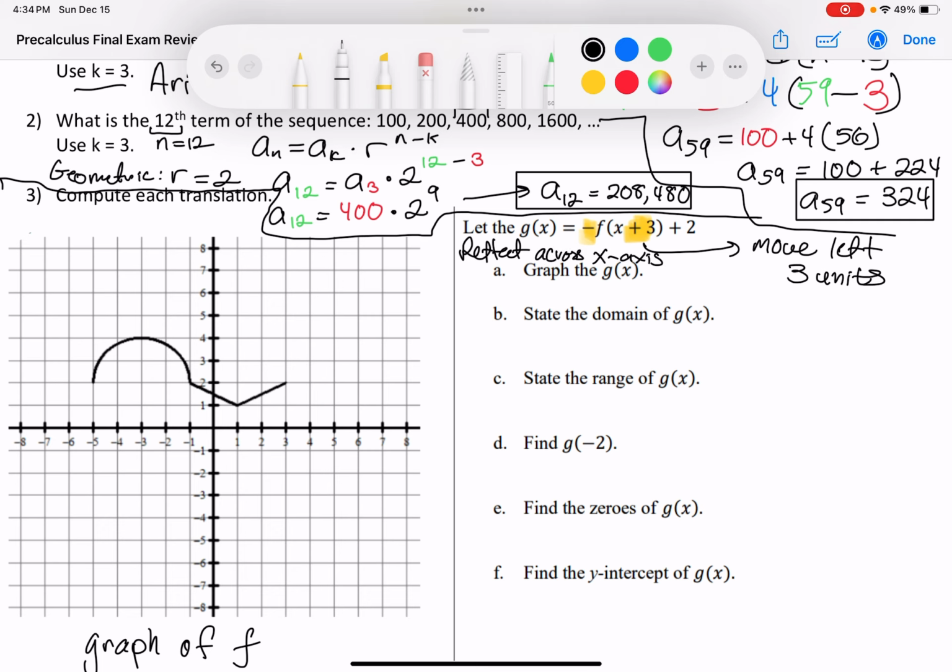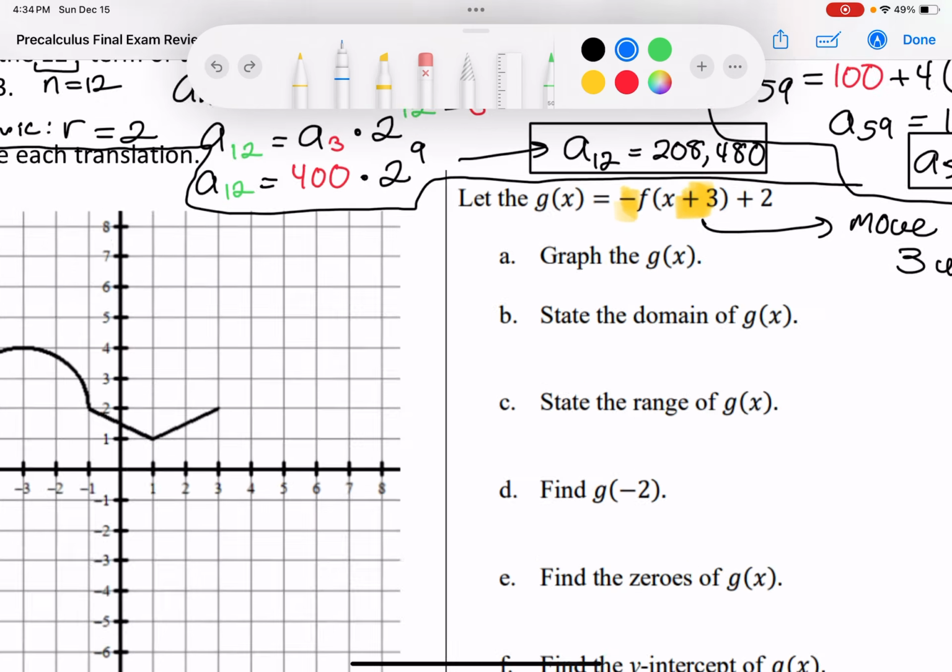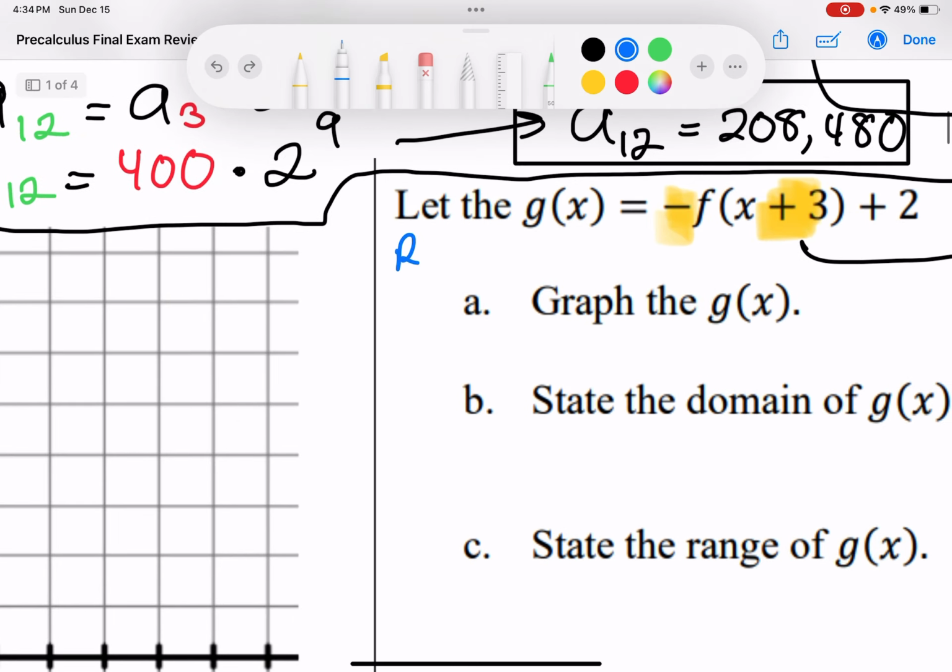And what I'm going to do is do the transformations in the order that I'm labeling them. So this is going to be translation number 1. And this one is going to be translation number 2, which is reflect over the x-axis.